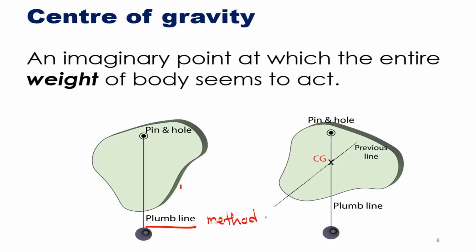The plumb line method is a technique that is adopted to determine the center of gravity, or center of mass, of an object. The center of gravity is the imaginary point at which the entire weight of the body seems to act. That's the definition for center of gravity.